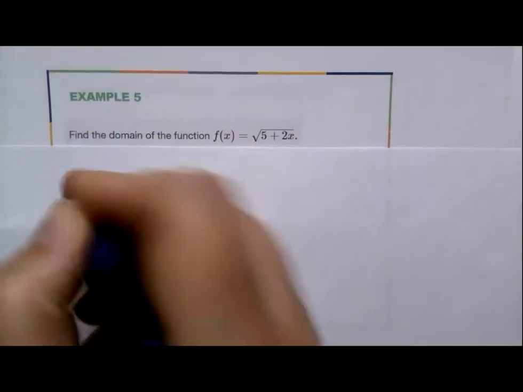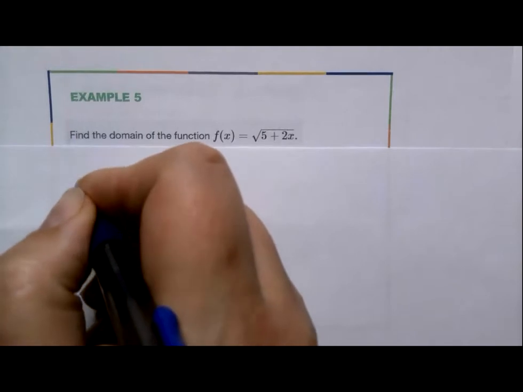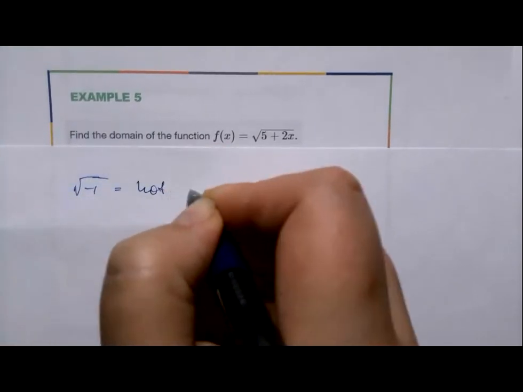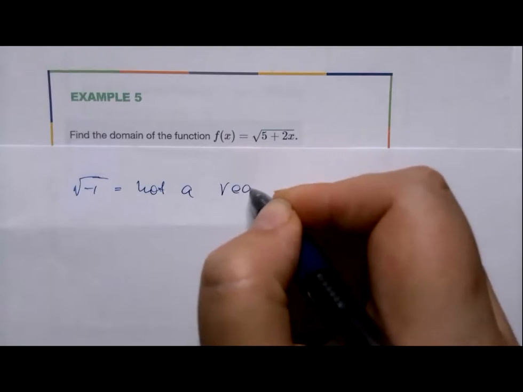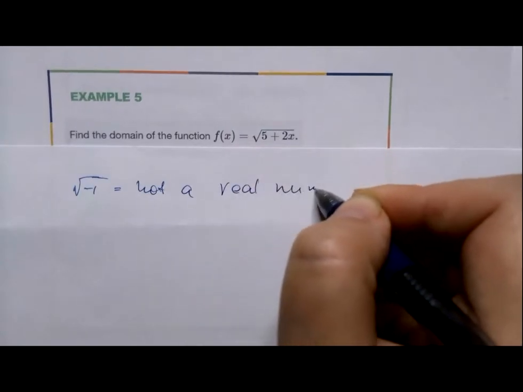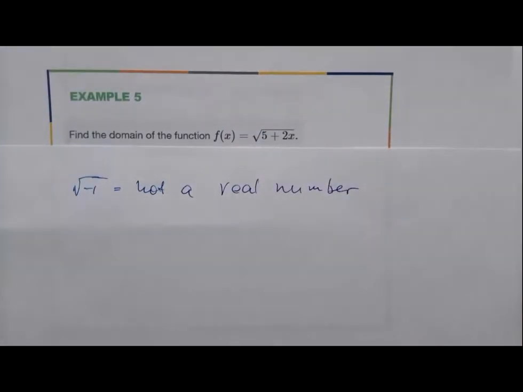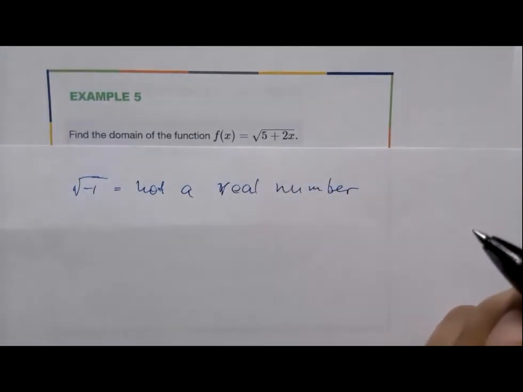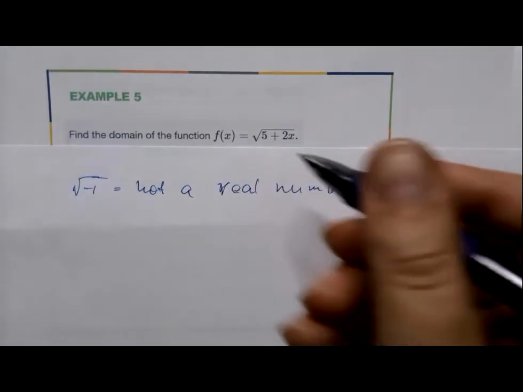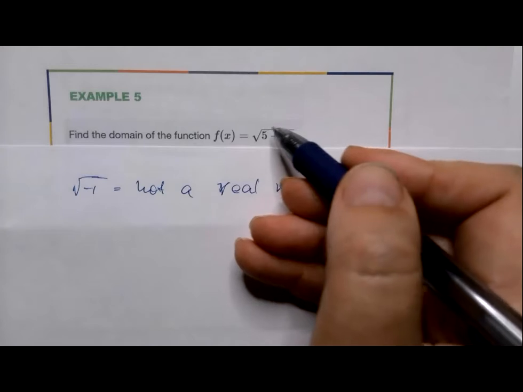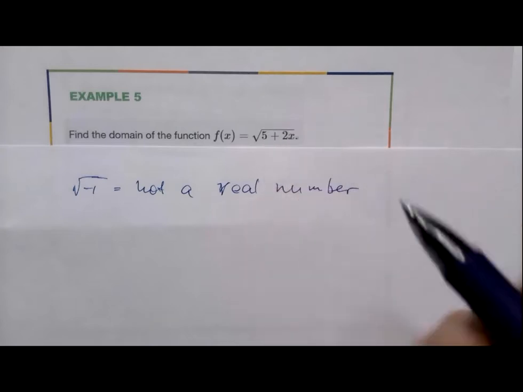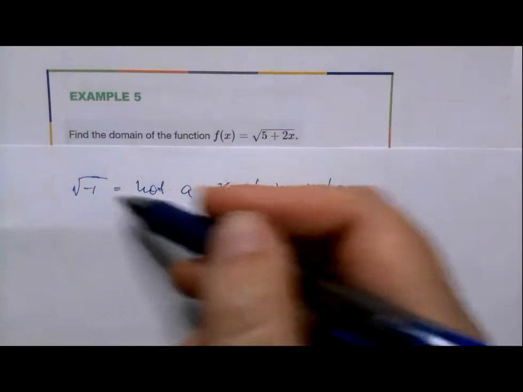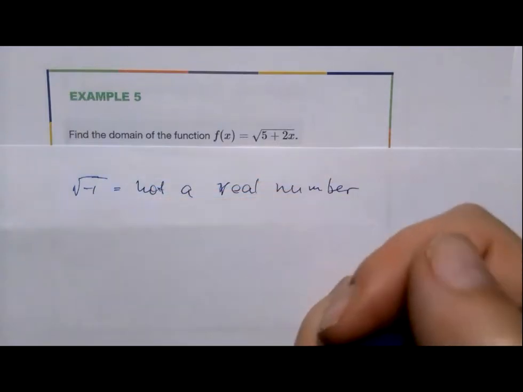So for example, if you were to take a square root of -1, it is not a real number. It is an imaginary number, which we're going to be talking about a little bit later in the course, but for now, it's not a real number, right? So we cannot have a negative value under the square root. Same goes for any negative number, not just for -1.